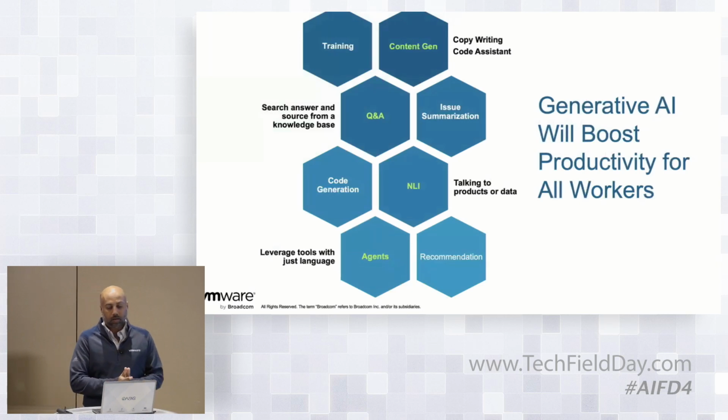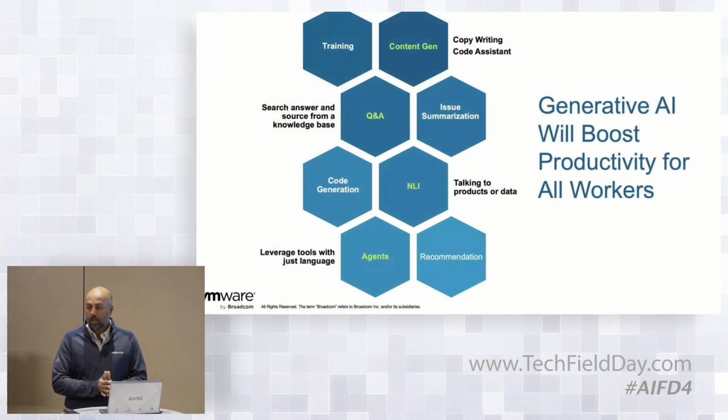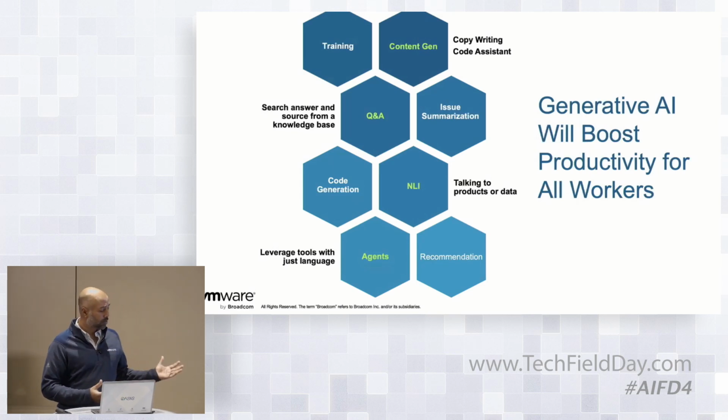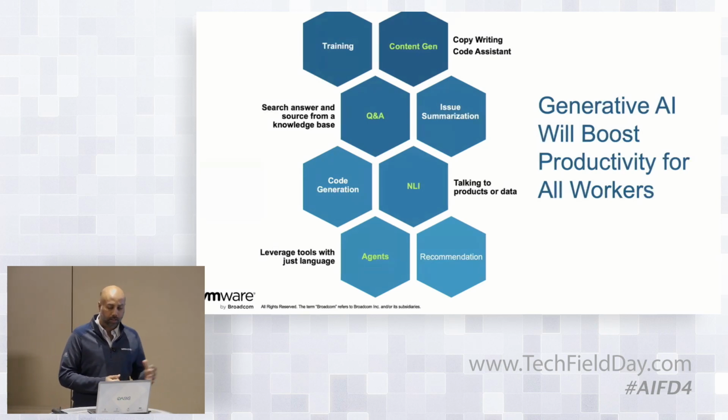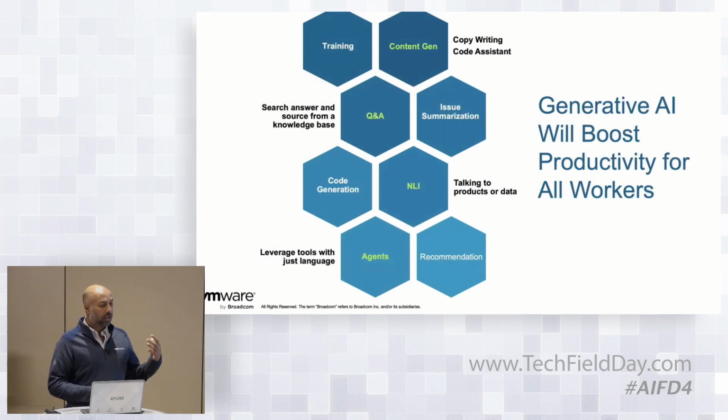So, when we talk about all the different use cases, today, large language models are basically a hammer, and all the use cases are basically nails, because large language models are able to address a wide variety of use cases without much modification, right? So that's the beauty of large language models. One of the key use cases is content generation.